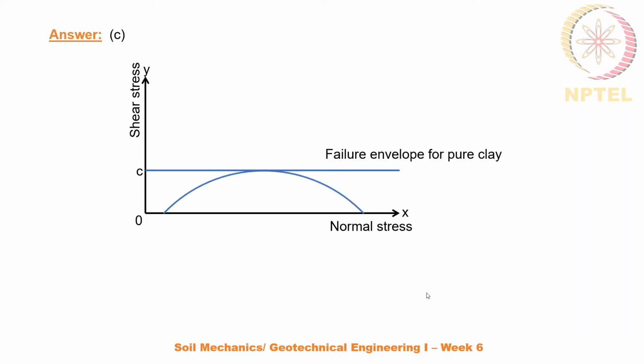If we see the Mohr diagram and the failure envelope for pure clay, the failure envelope is a straight line parallel to the x-axis with angle of shearing resistance phi 0 and some value of cohesion C.